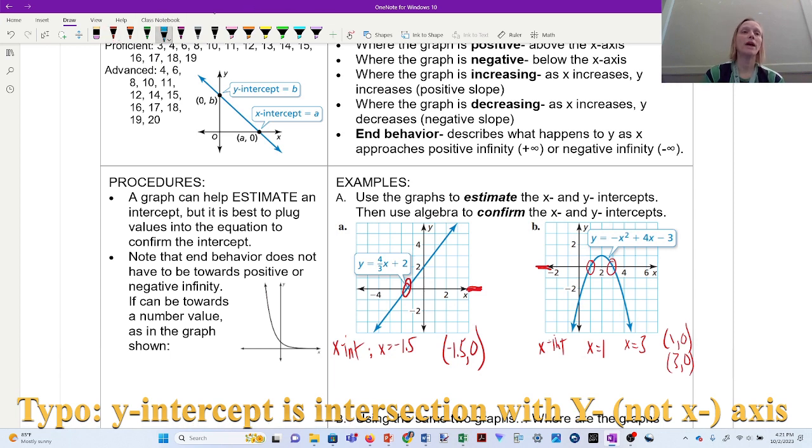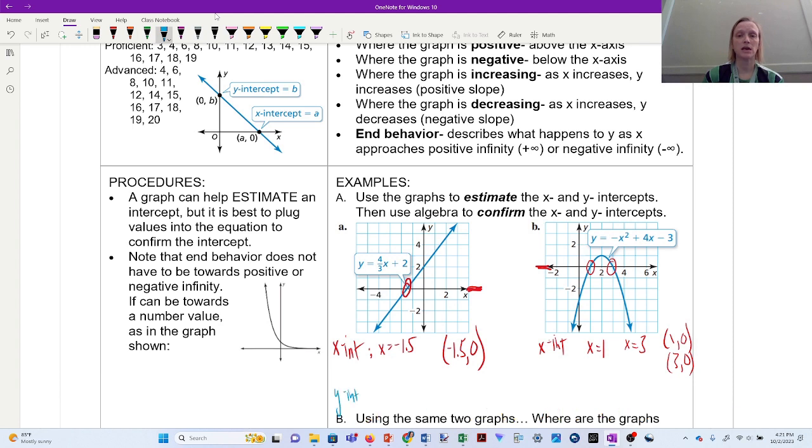In terms of y-intercepts, the y-intercepts occur where the line crosses the y-axis, this vertical axis here. Looking at where the blue diagonal line crosses the axis, that occurs at y equals 2.